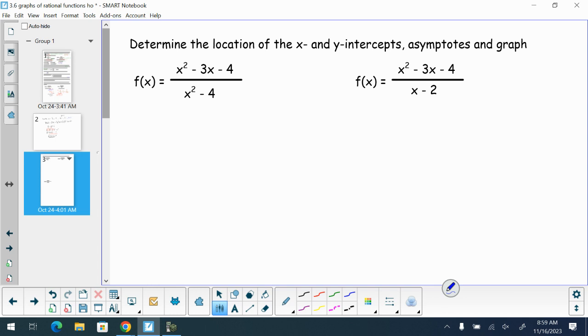Okay, x-intercepts. X-intercepts occur where our numerator is equal to 0. So where is x squared minus 3x minus 4 equal to 0?